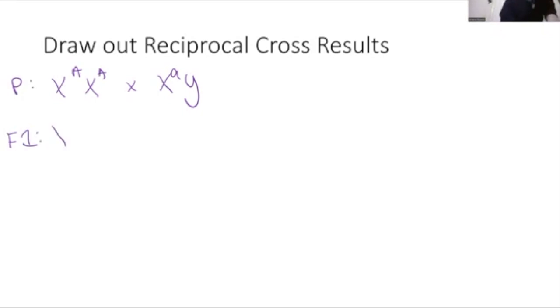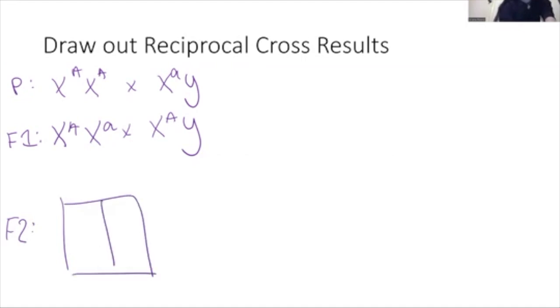But what you should end up with is that all females are carriers and all males are unaffected. And then I'm going to cross these two to get my F2 generation. And I am actually going to draw out this Punnett square just so you guys can see where everything comes from.